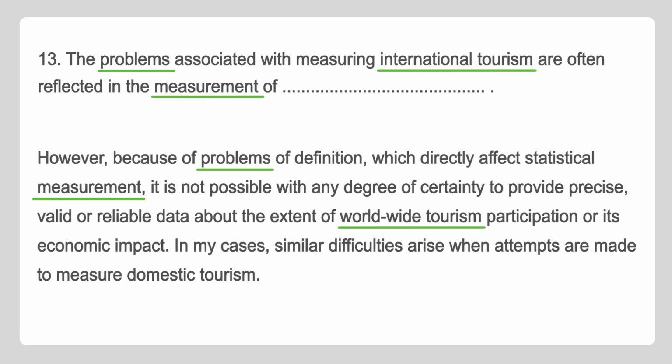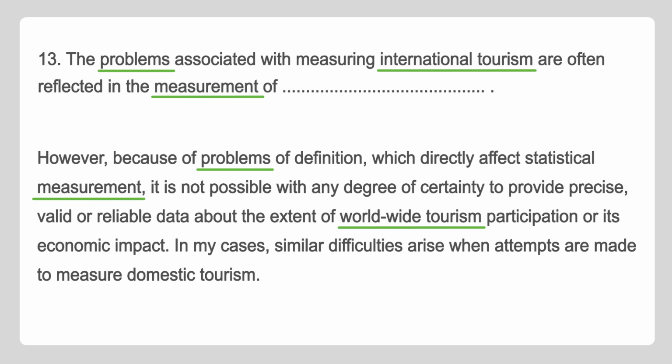If we cannot find any other problem with the measurement of something, we should continue reading the text. However, because of problems of definition which directly affect statistical measurement, it is not possible with any degree of certainty to provide precise, valid, or reliable data about worldwide tourism participation or its economic impact.